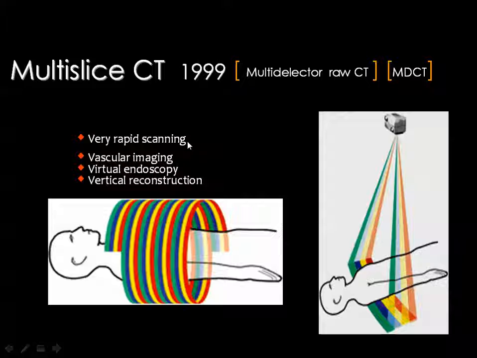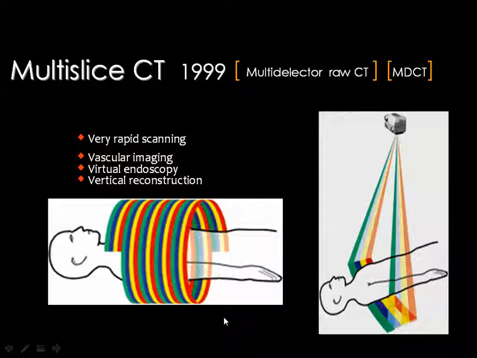These are four. Number one, you have very rapid scanning, and actually if you are in a busy hospital and there are a lot of waiting lists, then you can manage. Also, vascular imaging. Because of the very fast scanning, you can inject contrast media intravenously, and you say to the machine, I would like to see the aorta, I would like to see the coronary, I'd like to see any of the vessels in the human body.